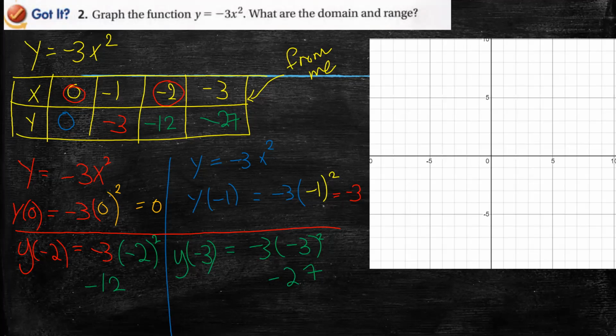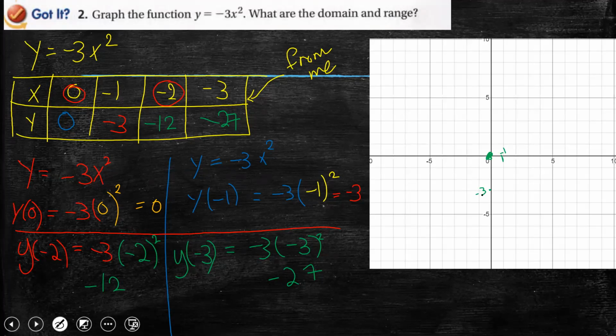Now let's plot them on the xy plane here. The first point here is 0, 0. Where's 0, 0? It's here. The second one now is -1, -3. Where's -1? This is -1, and -3.